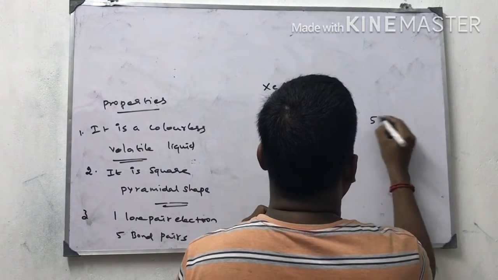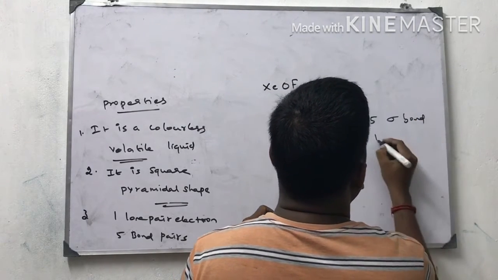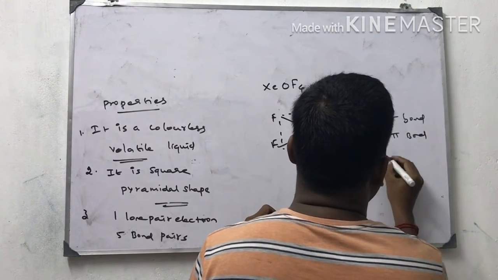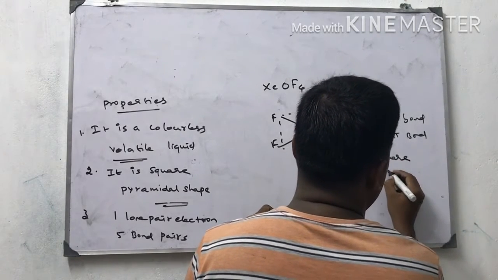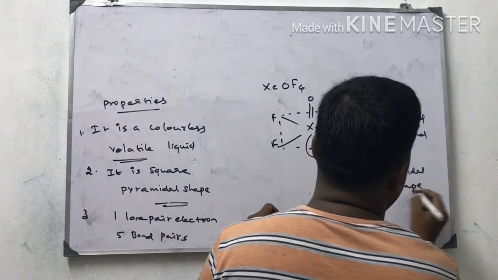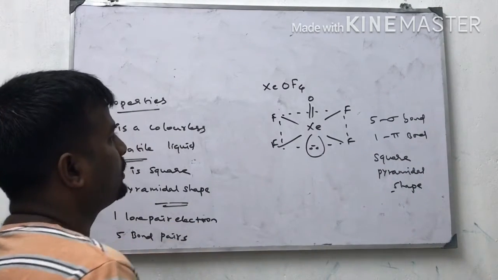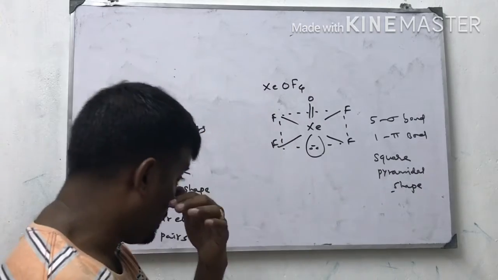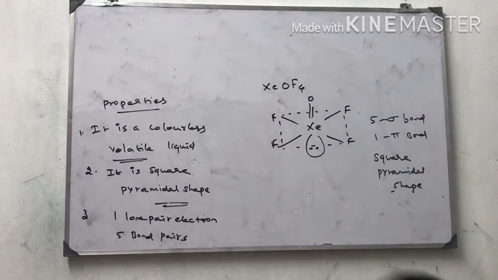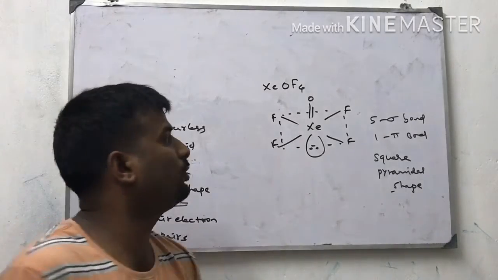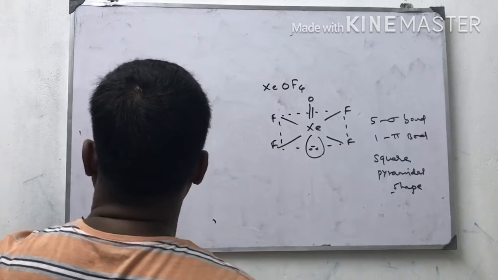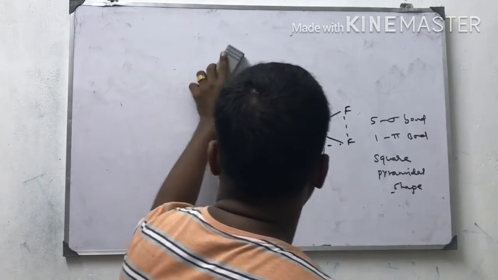It contains sigma bonds and 1 pi bond. Right? Square pyramidal shape. These are the information related to xenon oxytetrafluoride. Next I am going to tell about the electronic configuration and hybridization of xenon oxyfluoride.